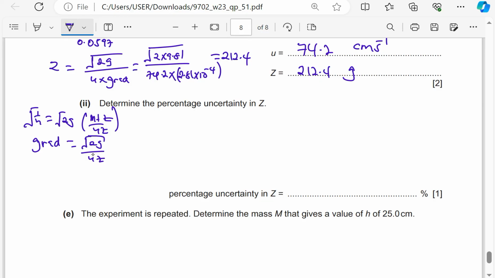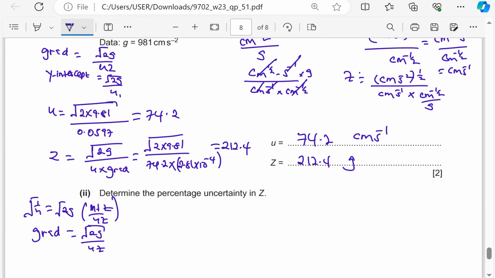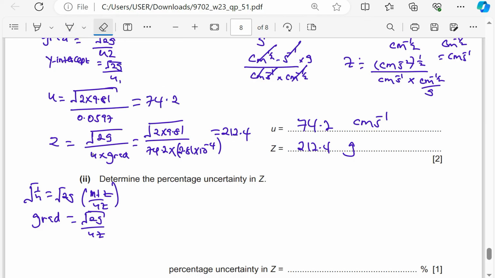For the gradient it is easy to find. I have it, so I don't want to use that formula. Let me use the one for the y-intercept. I don't want to do this twice, so I'm going to use the expression which has the y-intercept and the gradient at the same time, because I have the uncertainties for the gradient and for the y-intercept.